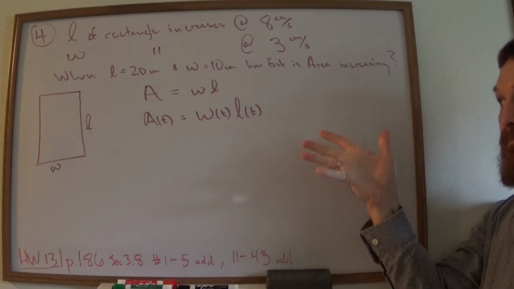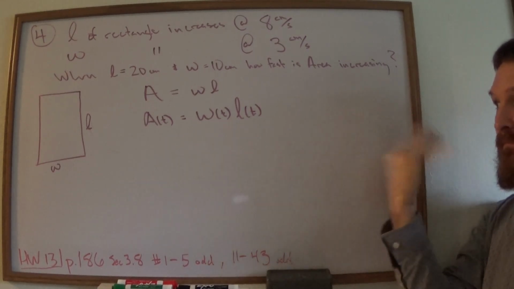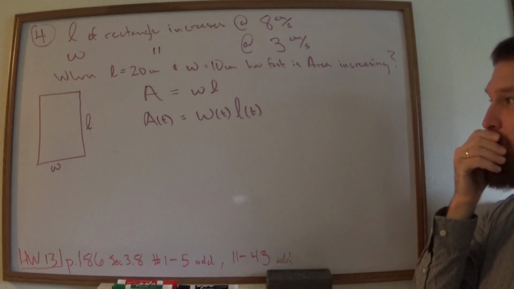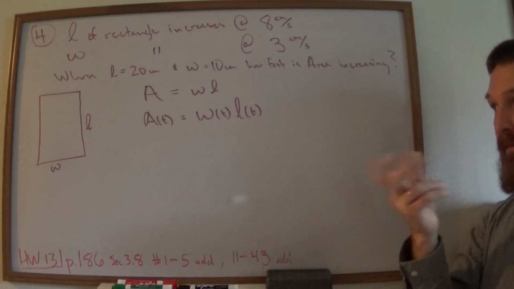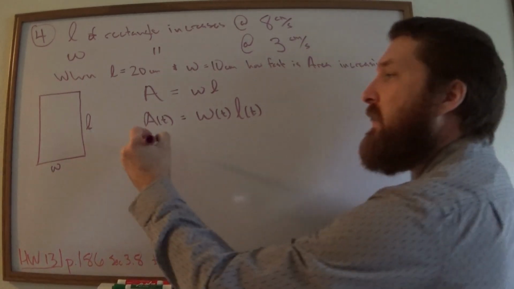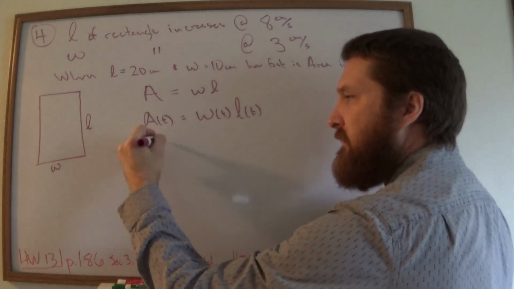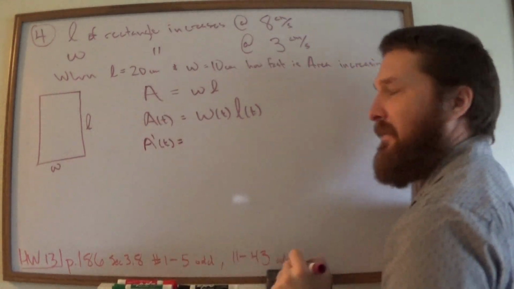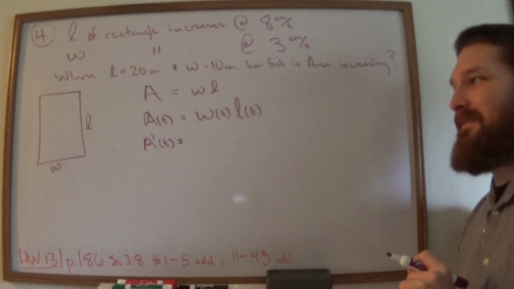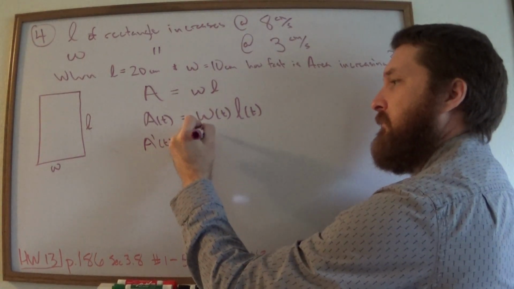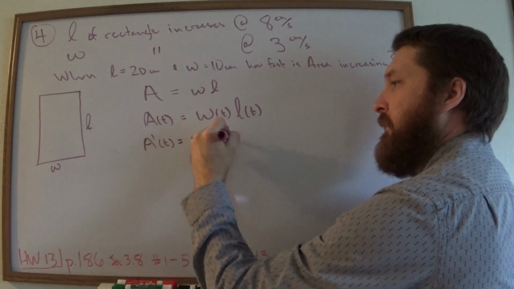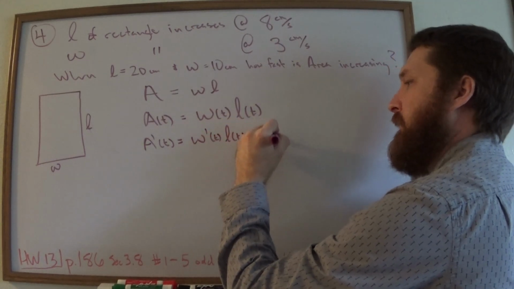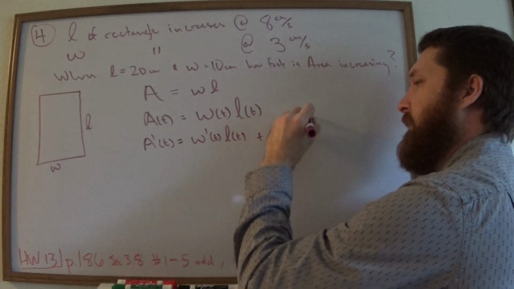So we take the derivative. And so we get A prime of t is equal to W prime times L, plus W of t times L prime.